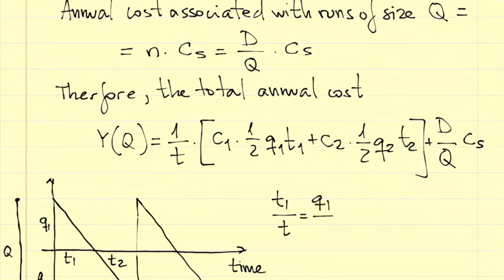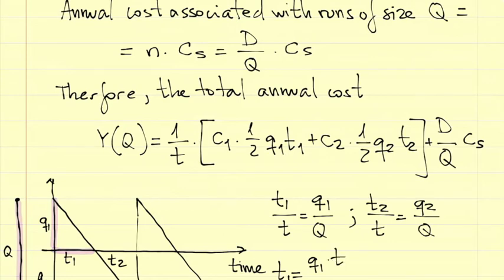T1 divided by T is equal to Q1 divided by Q, because both triangles are similar. And T2 divided by T equals Q2 divided by Q. As a result, T1 equals Q1 times T divided by Q, and T2 equals Q2 times T divided by Q.